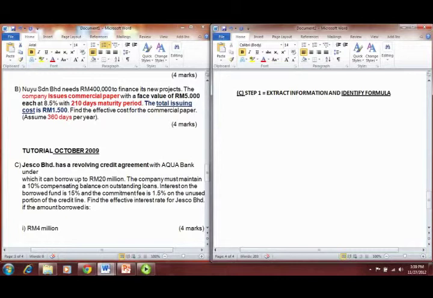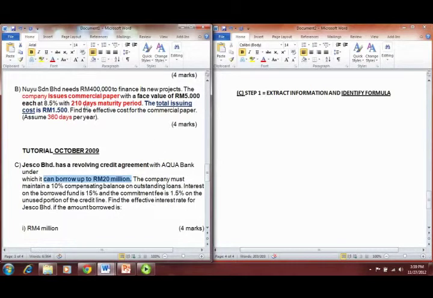Class, based on the question, a revolving credit agreement will provide you funds more than the amount that you want. This company has a revolving credit with Aqua Bank under which it can borrow up to 20 million. However, the company must maintain a 10% compensating balance.